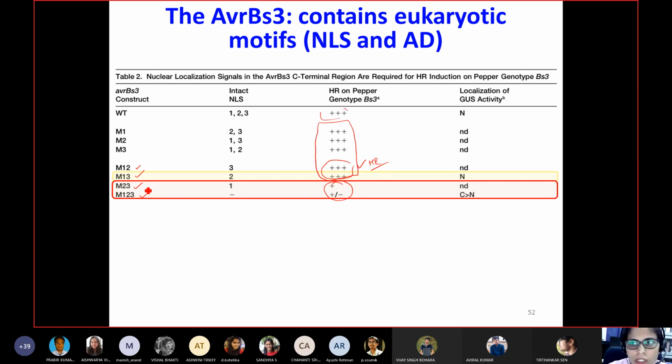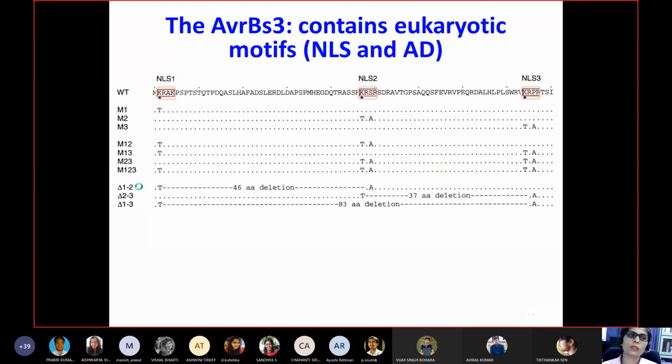So this was the outcome from here, and further they moved this experiment forward. In this experiment, they started deleting the amino acids in between NLS1 and 2, or between NLS2 and 3, and NLS1 and 3, to know whether these in-between amino acids are also important in hypersensitive response.